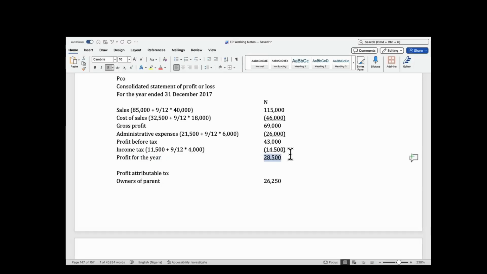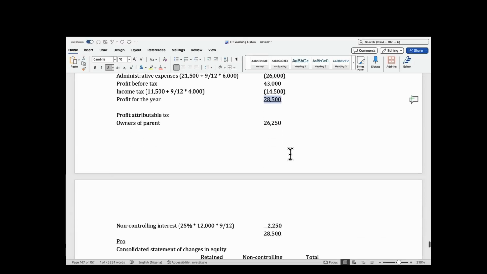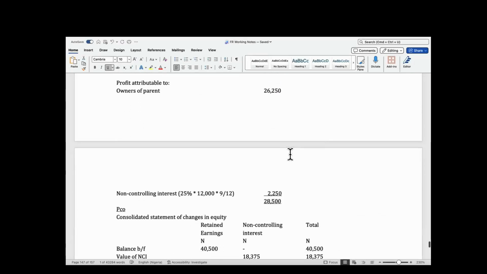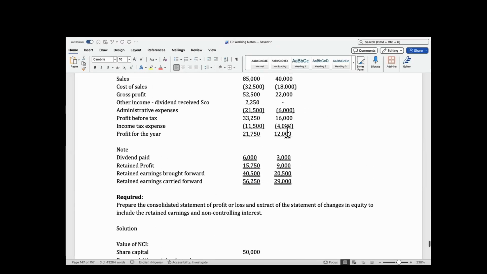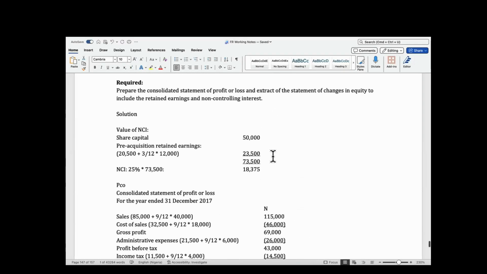This group profit for the year, again, you need to share it between the parent and the non-controlling interest. You will do that of the NCI first. So NCI has 25% of the profit of the subsidiary, but we only take 9 months, just 9 months. So we do 9/12 of this 12,000, which is the profit of the subsidiary.